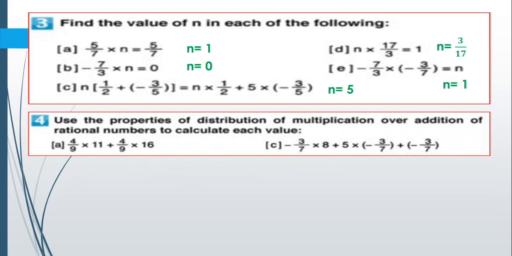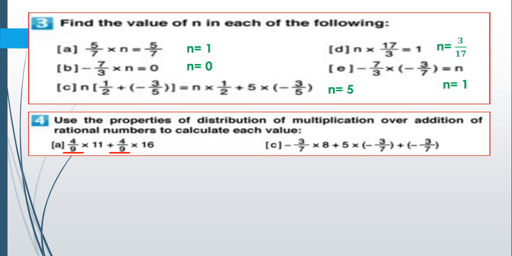Use the properties of distribution of multiplication over addition of rational numbers to calculate each value. 4 over 9 times 11 plus 4 over 9 times 16. In this property, you can find a number common between the two terms, before the plus and after the plus.